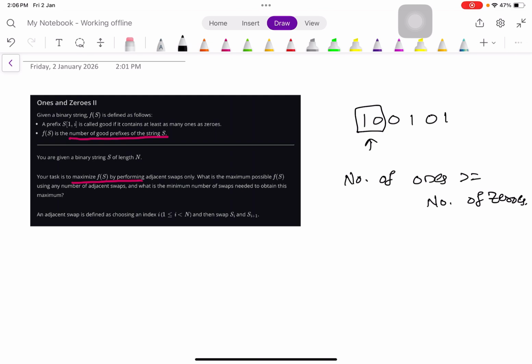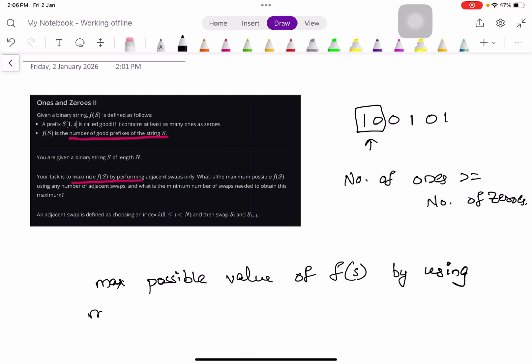The final ask is that we need to find the max possible value of f(s) by using minimum adjacent swaps.